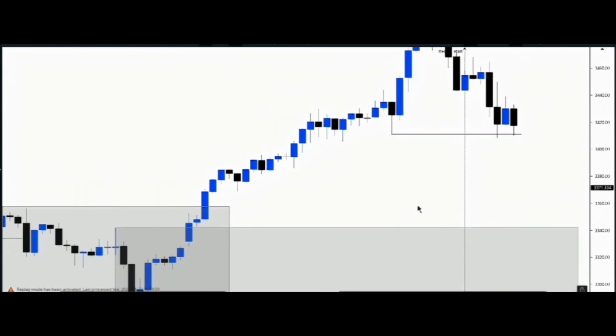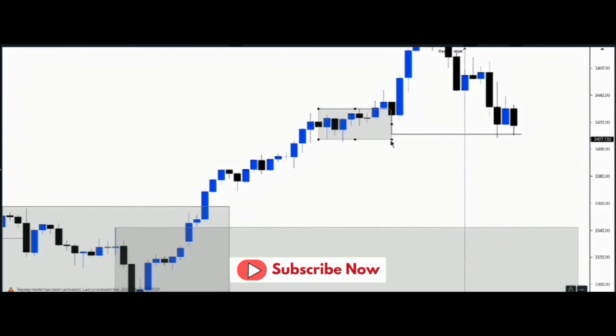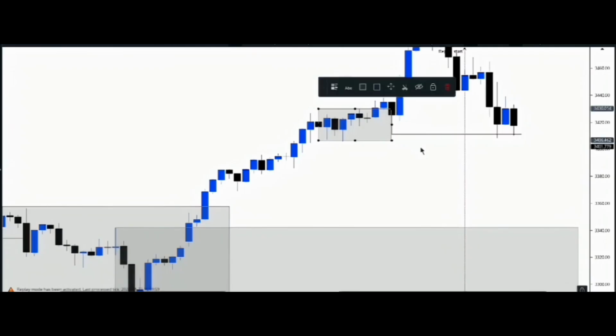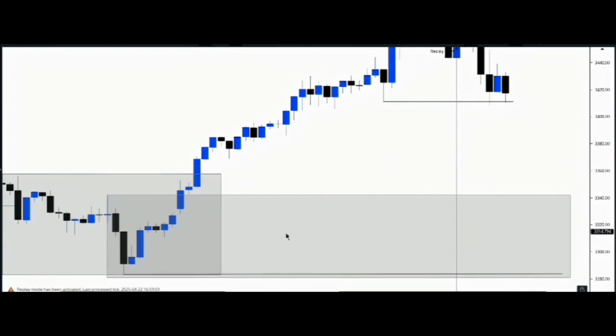And then the next one is this one here. This one is right where our inducement is, and it's already mitigated, so we cannot use that either. So the only one we have here is this extreme area of interest.